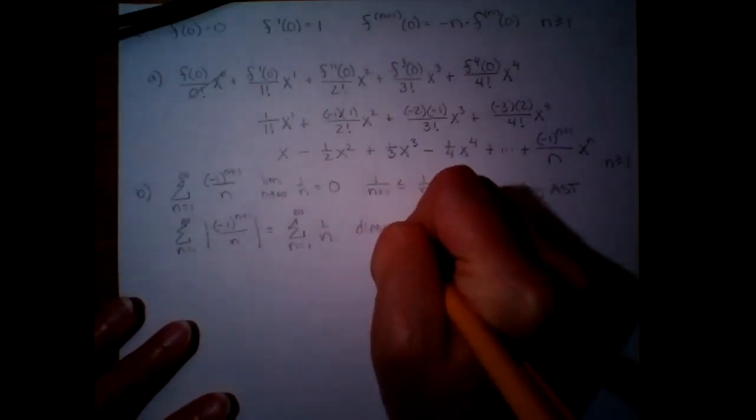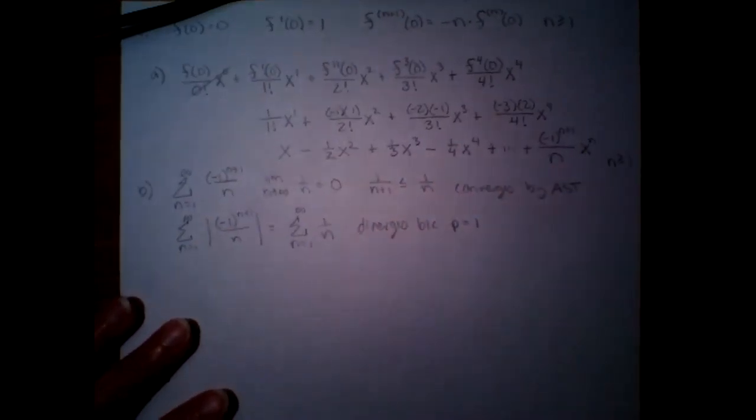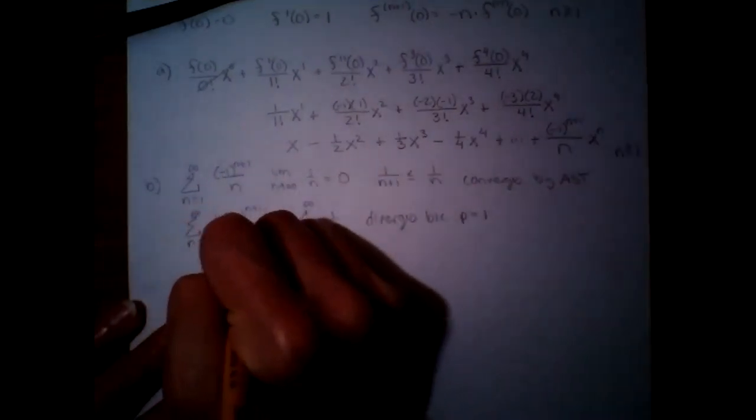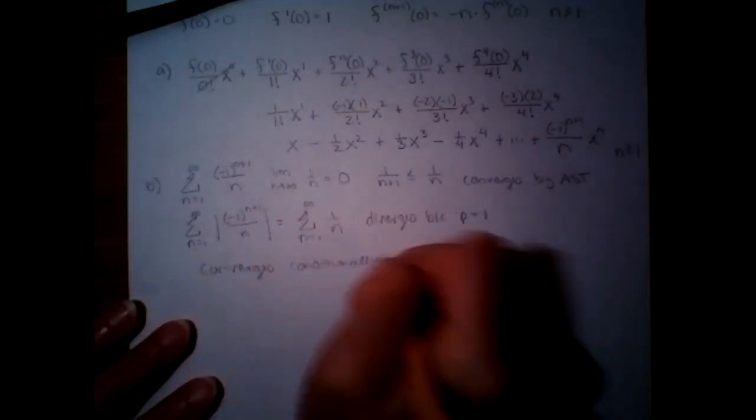So diverges because p is 1. So this one converges, but the absolute value diverges, so it converges conditionally. If this had also converged, it would converge absolutely. And if they had both diverged, then obviously it would diverge.